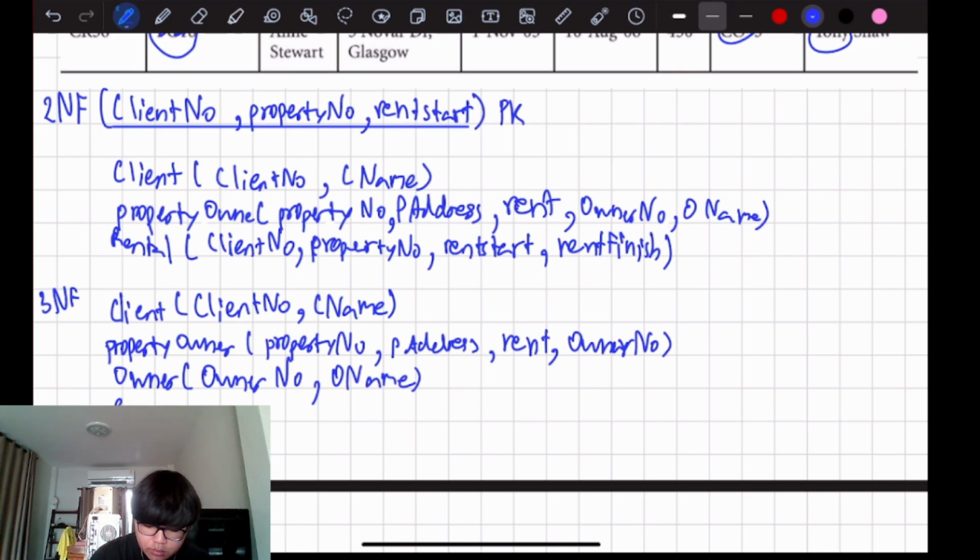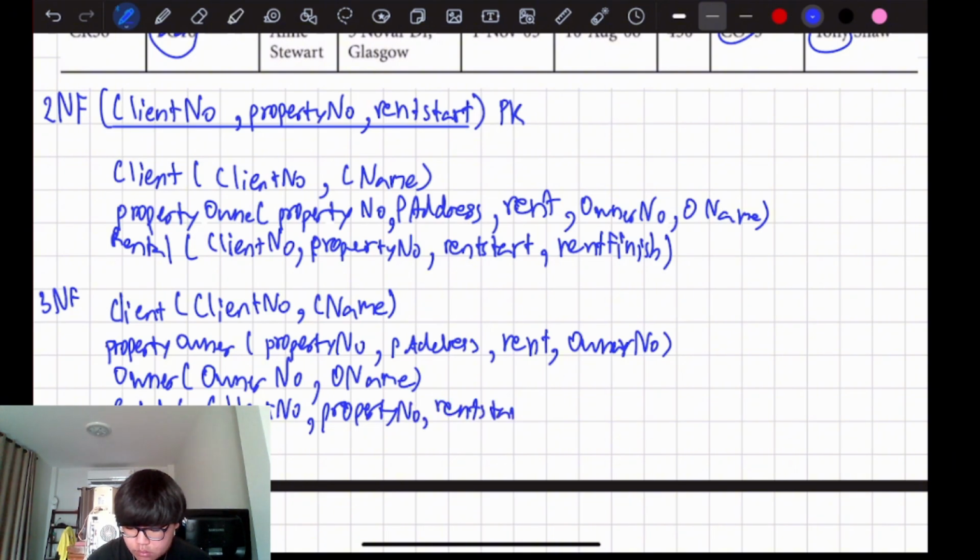Next is the rental table. The rental table contains client number, property number, rent start, and rent finish.